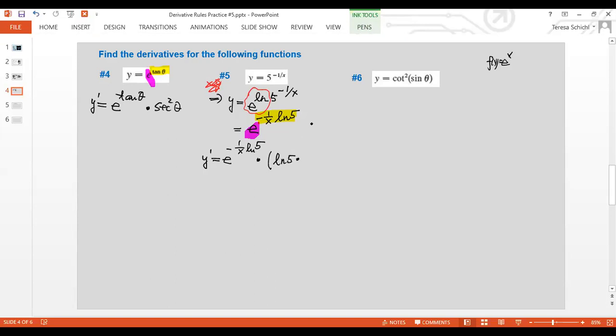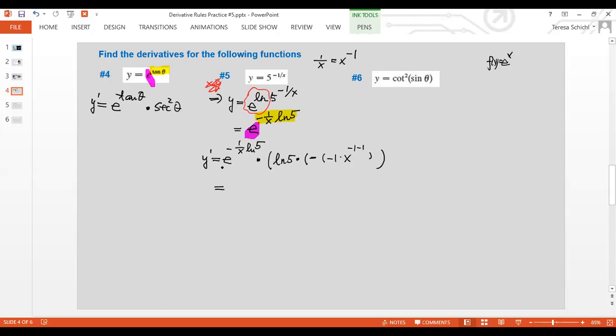So the 1 over x is equal to x to the negative 1, so I can use the power rule. My negative sign is still here. So it's negative 1 times x to the negative 1 minus 1, that's the power rule.